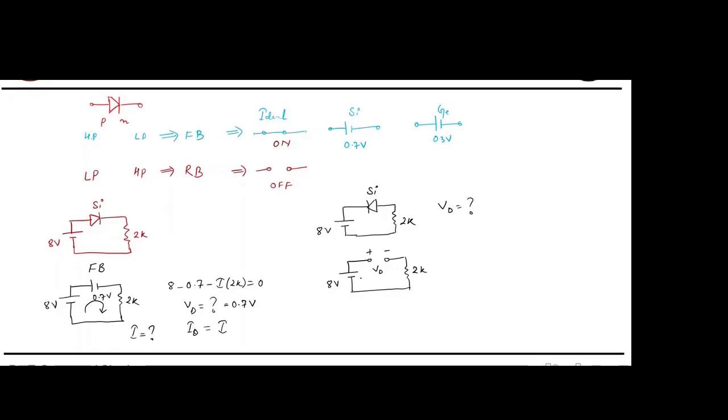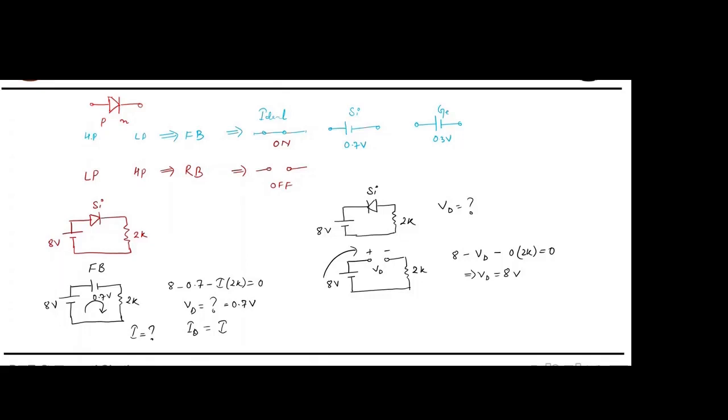Okay, let us apply the KVL in this direction: 8 minus VD minus 0 into 2K is equal to 0. Yes or no? So from here, VD is equal to 8. Right. Fine.